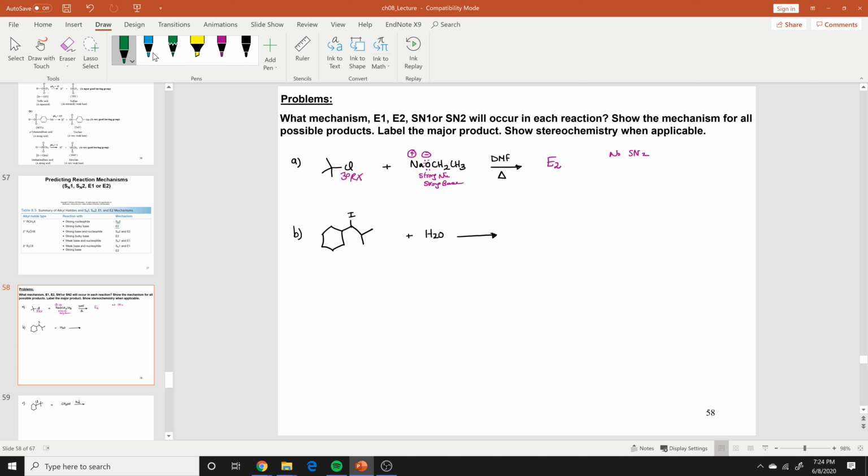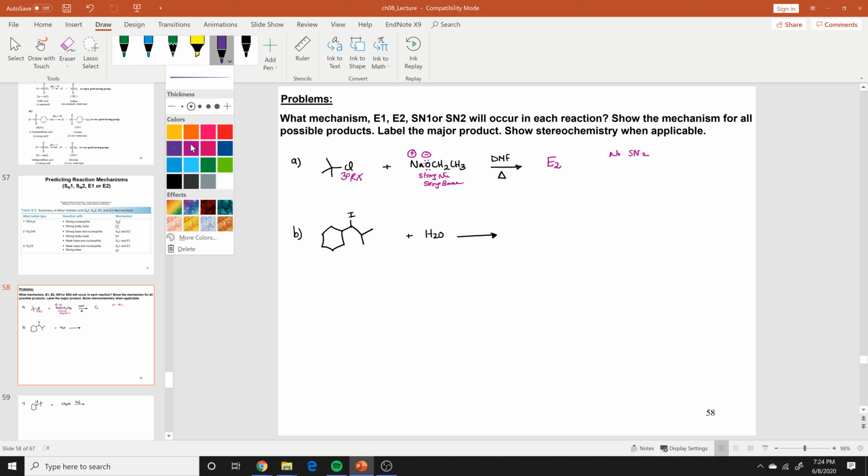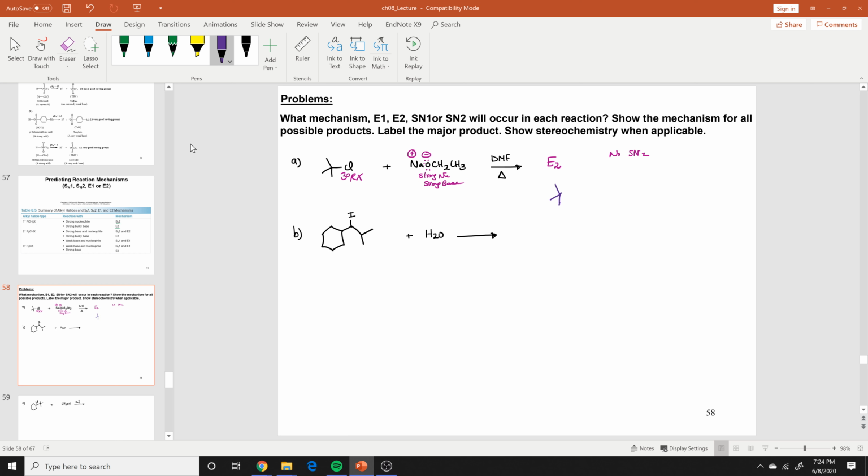So with respect to the mechanism of the reaction, let me change the color here. Okay, so for the mechanism of the reaction, I do have my halogen there, and I'm reacting it with OCH2CH3. This is going to be E2 elimination. It's going to be a concerted reaction.